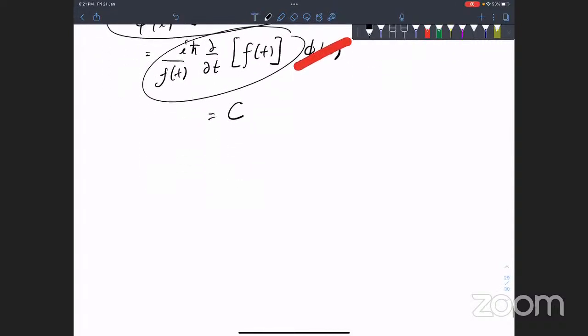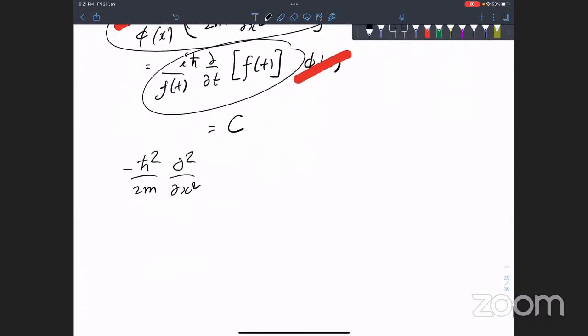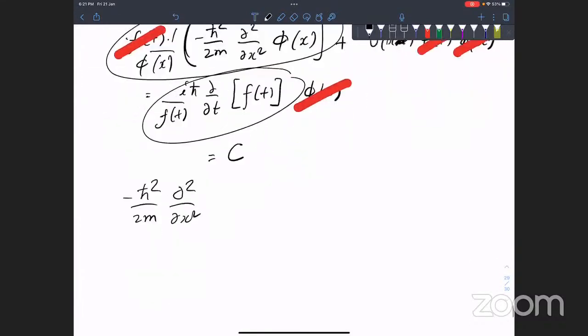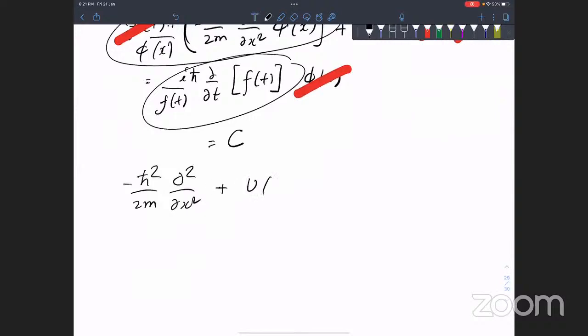So this gives us two equations: minus h squared by 2m, dou square by dou x squared, plus U of x, phi of x is some constant, basically.